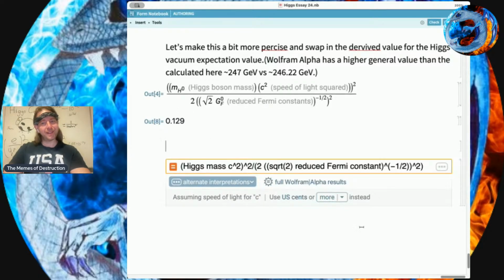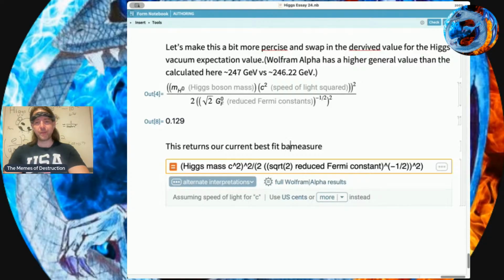Now, this returns our current best fit based on measurement.